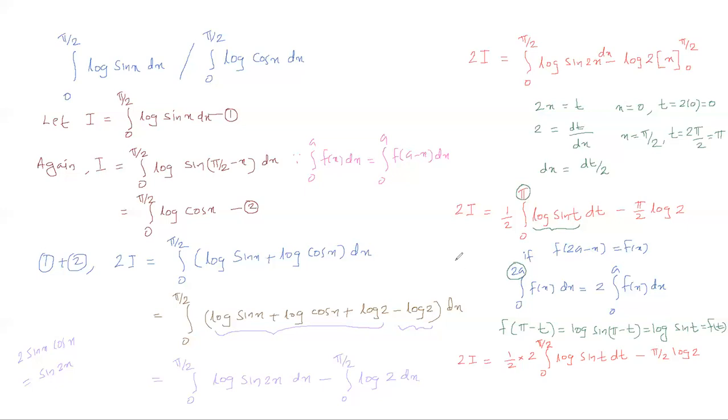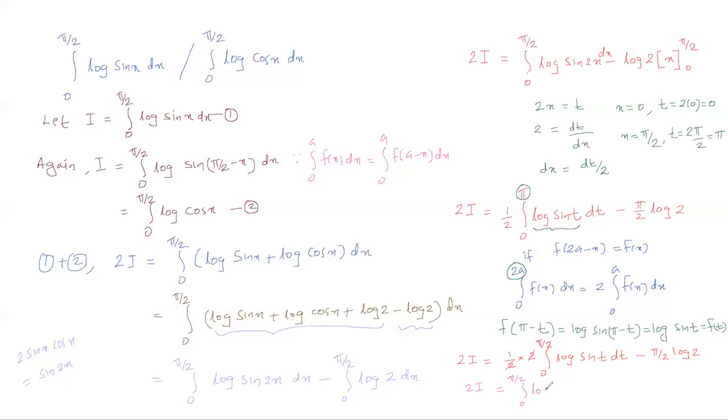So now the 2 will cancel, and you will get 2I is equal to integral 0 to pi by 2 log sine t dt.